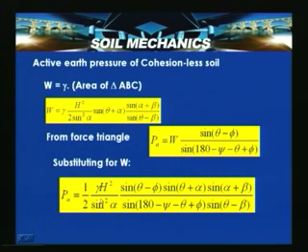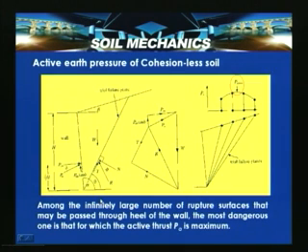So, this we can now try to differentiate with respect to theta. Theta is an inclination of the failure surface with the horizontal, and whichever surface gives the maximum active thrust on the wall is computed here as active thrust. So, let us consider the same case, a failure wedge ABC, and let us assume that this is theta.